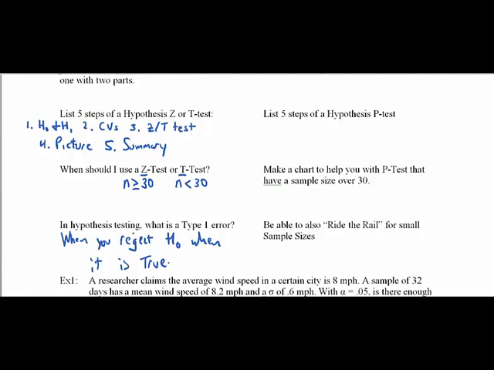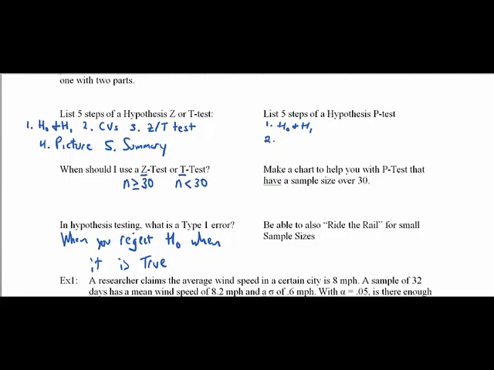We are also going to look at the 5 steps of the hypothesis p-test. Those 5 steps are somewhat similar, but not quite the same as the 5 steps of the traditional hypothesis z or t-test. First of all, you do have to write down your null and alternative hypothesis. These are exactly the same.